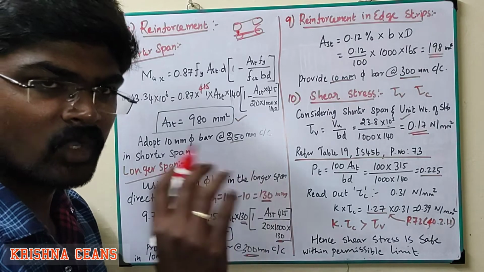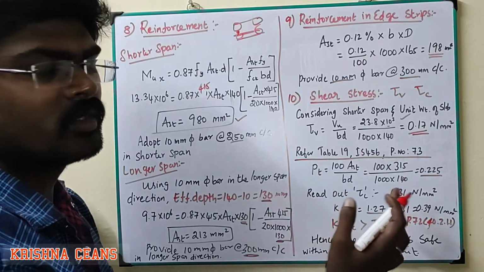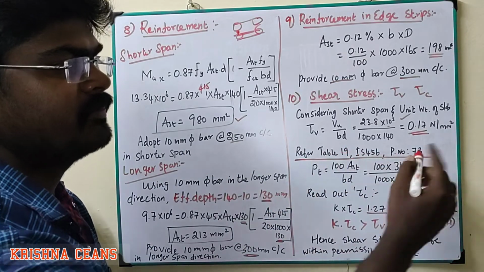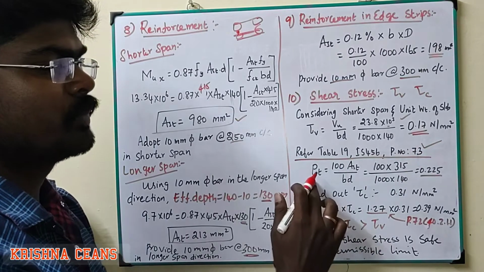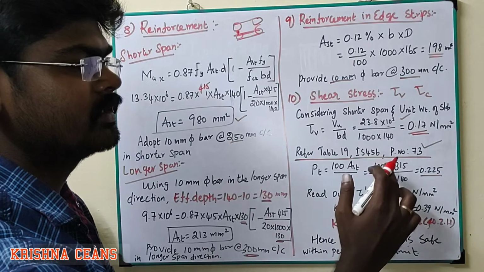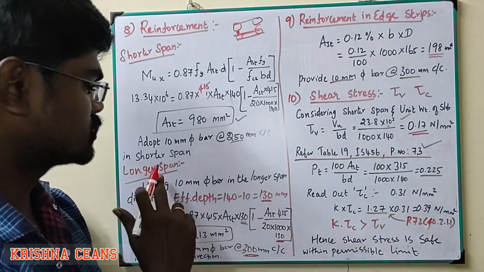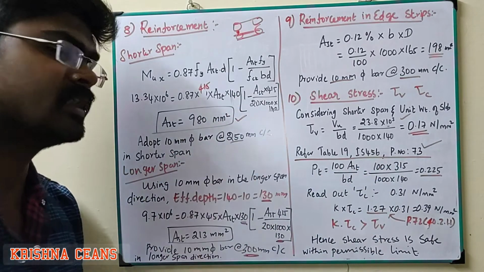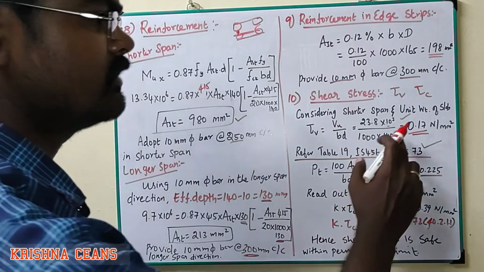Next we need to find tau c. For that we refer to Table 19, page number 73. Pt, the percentage of tensile reinforcement, is 100 Ast by bd. For the shorter span we provided a 10 mm dia bar, for which the Ast value is 315.